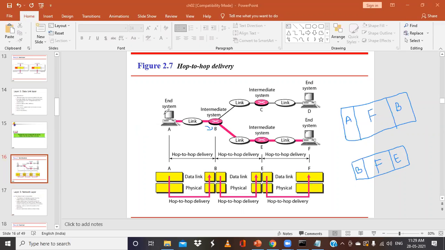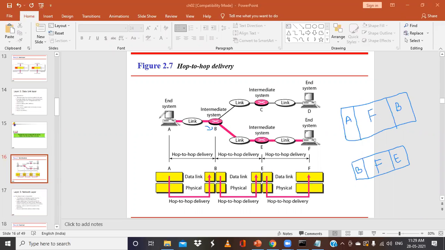So every time the data is transferred, this physical address is going to change, because the data link layer is responsible for hop to hop delivery. It will not understand, and it is not responsible for, whether this frame is being sent to F. That is not the responsibility of the data link layer.